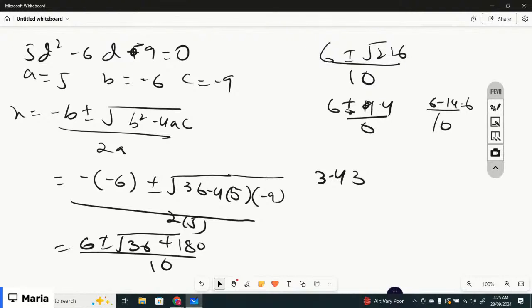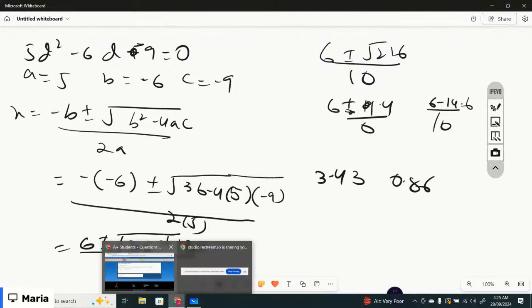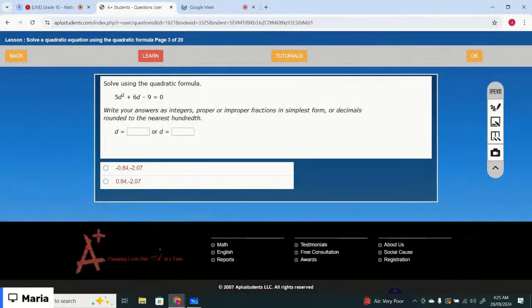Okay, then 6 minus 14.6 divided by 10. So the correct option is 0.86. Two is the correct option, right?